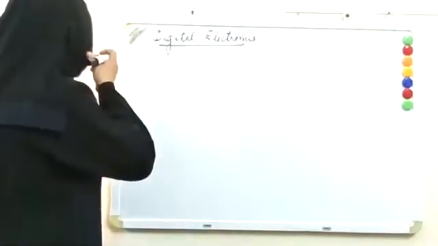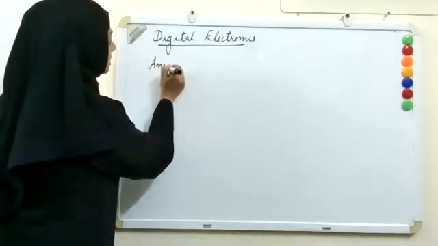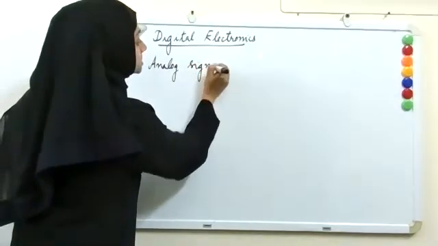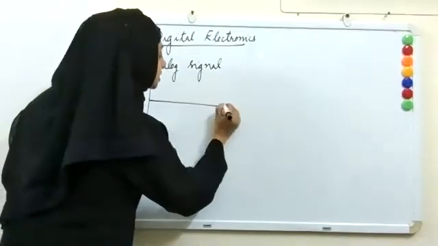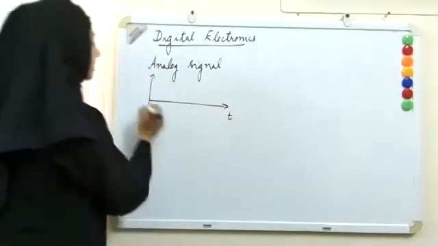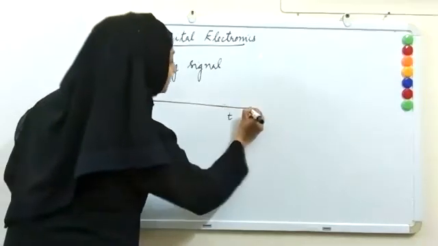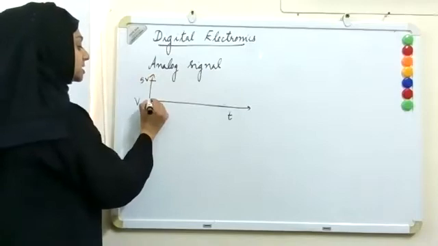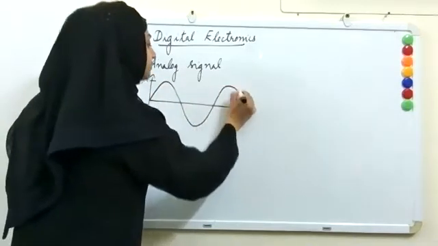So let us see in analog signal, it is continuously varying. For example, if I draw a graph between time and voltage, suppose the peak voltage is 5 volts, then the signal will vary continuously like a sine wave.